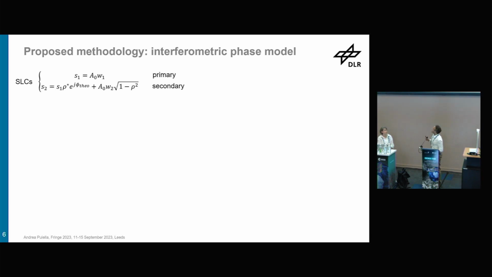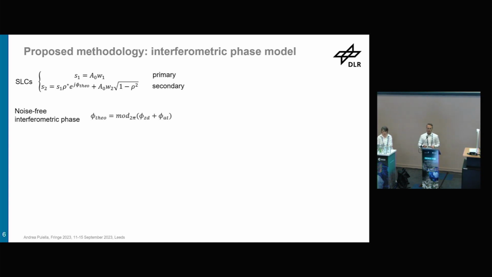We synthesize the primary as the product of the noise-free amplitude plus circular Gaussian noise, while the secondary is a little bit more complex because it has inside some parameters to induce the deformation, the desired coherence rho, and the theoretical phase phi tau. Phi tau can also be seen as a noise-free interferometric phase, like the interferometric phase I was showing in that simulation data.